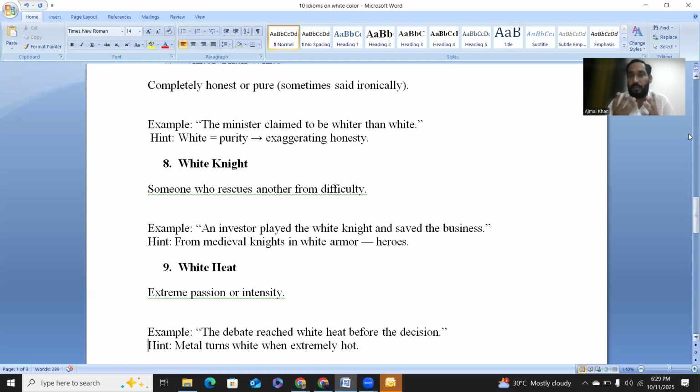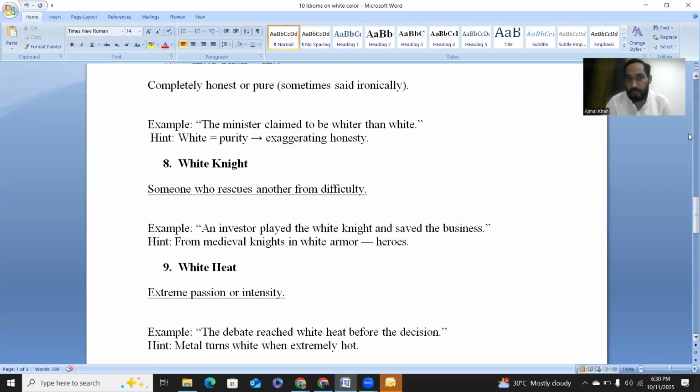You have observed that fire turns red, and when the fire is at an extreme level or degree, it appears to be white. So white heat means something at the extreme: passion, energy, or spark at the highest level.